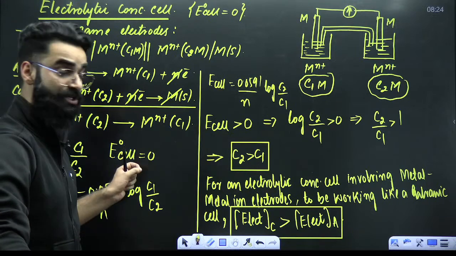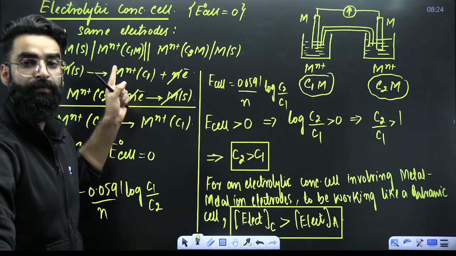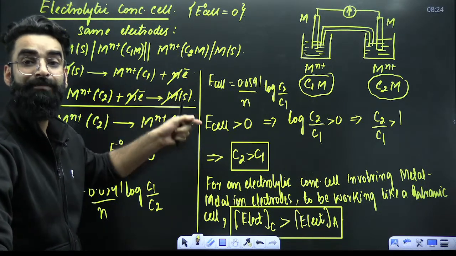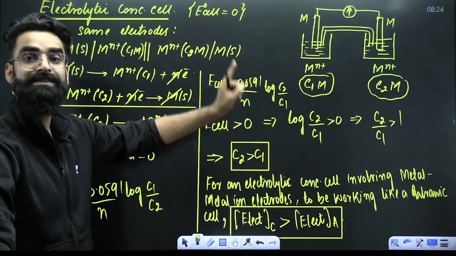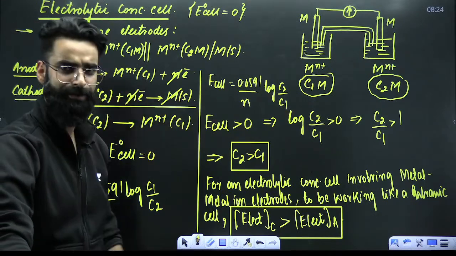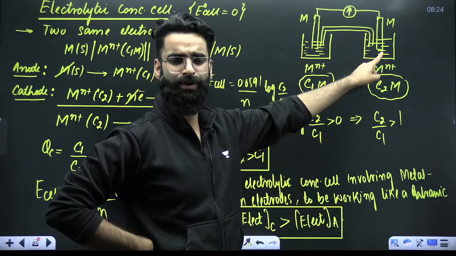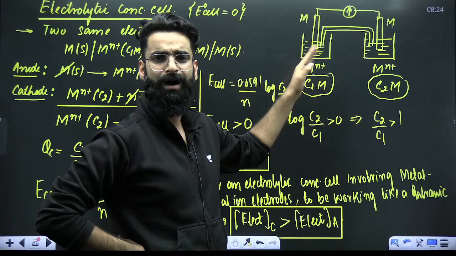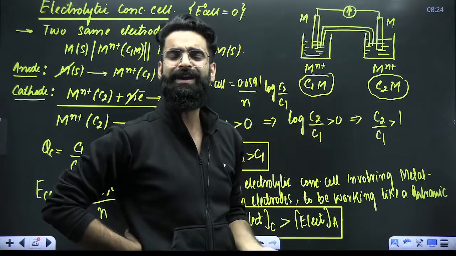So this is the first question which is asked. What is the question? For the electrolytic concentration cell involving metal ion electrodes to be working like a normal galvanic cell, the concentration of electrolyte in the cathode should be greater than the concentration of electrolyte in the anode, which is obvious also. Since you are using two same electrodes, how does potential difference generate here?